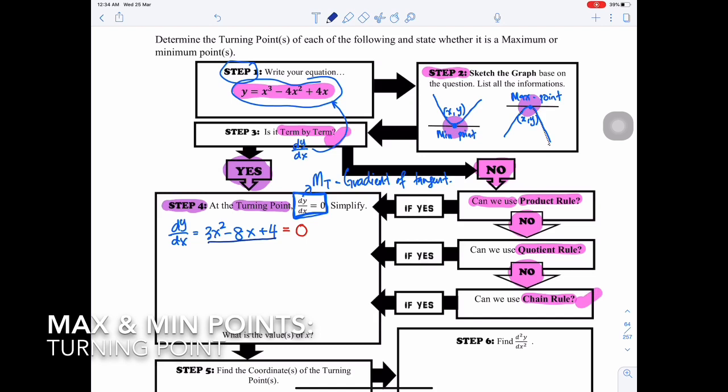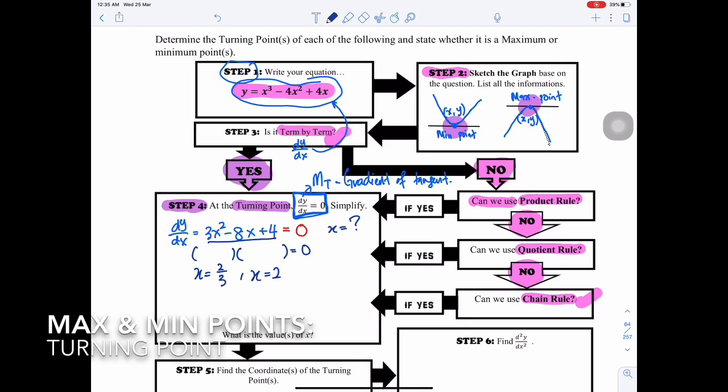So if the equation equals 0, what value can we get? We can get the value of x by using the factorization method. I like to use the calculator, so identify the value of x first. By using the calculator, you will get x equals 2/3 and x equals 2.